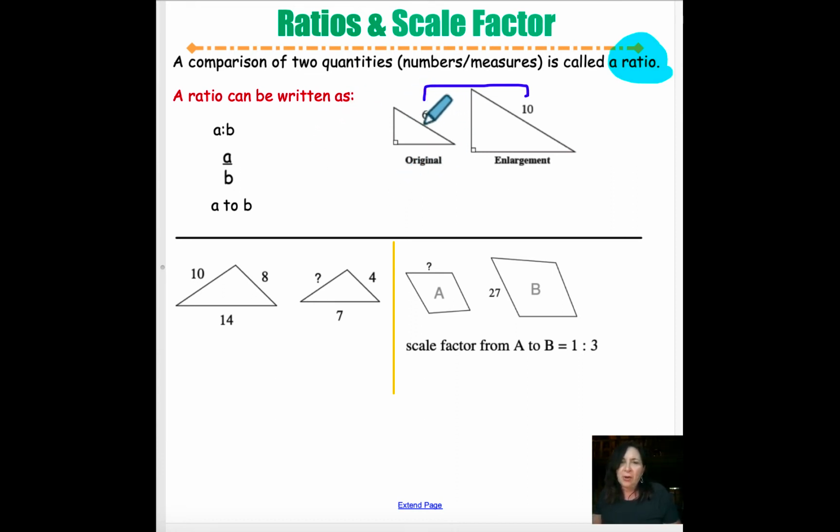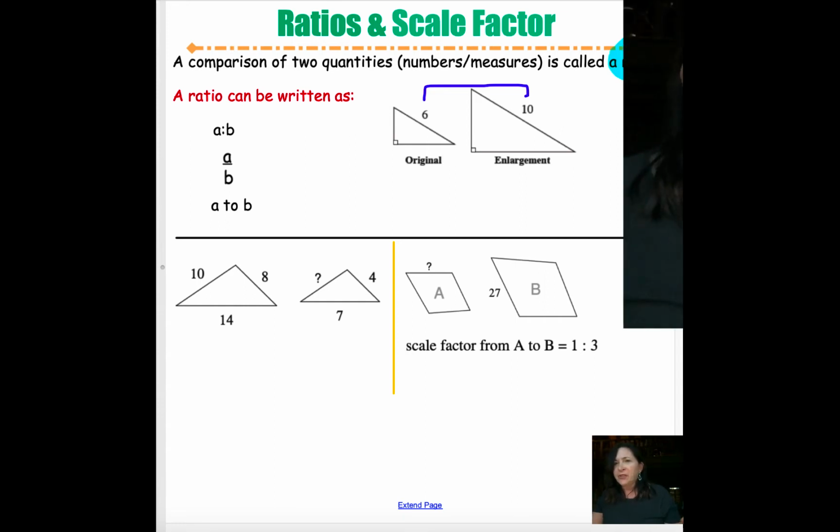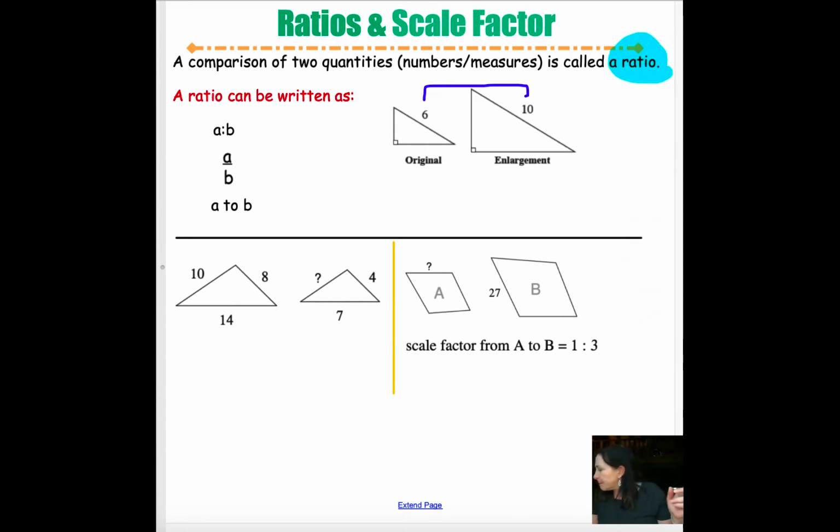So you're going to compare the sides. I don't know this side, the tall side, the height, and I don't have the base, but I do have my hypotenuse, because it's a right triangle. And so what you have here is 6 to 10. So 6 over 10 is going to reduce down to 3 over 5.